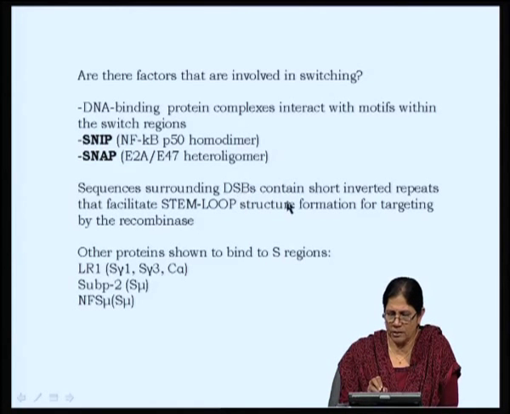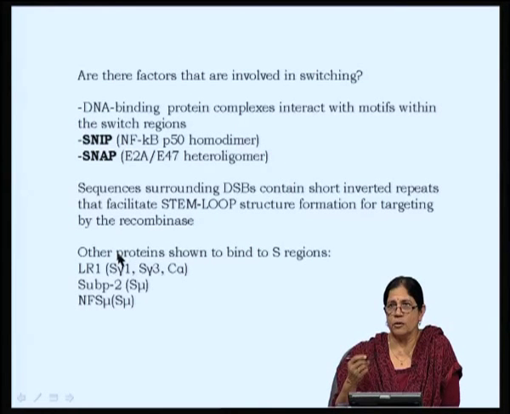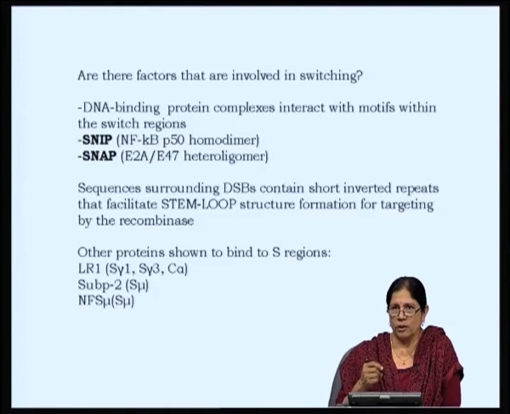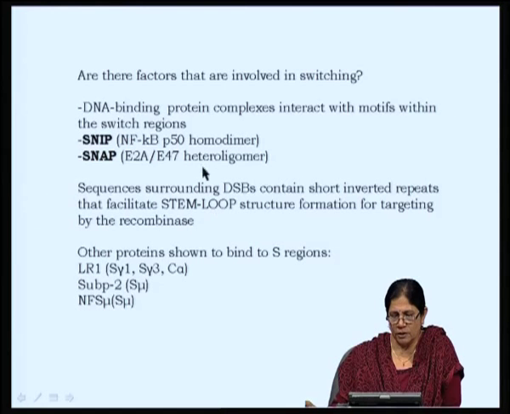These double strand breaks contain short inverted repeats that facilitate stem loop structure formation for targeting by the recombinase. This looping out is absolutely essential, as I have shown in the previous slides, and this would mean that there should be some proteins which allow this stem loop structure to be formed.